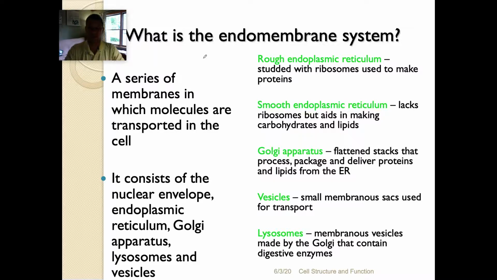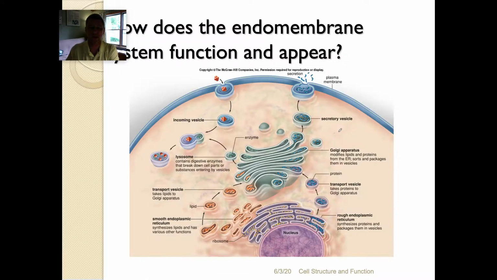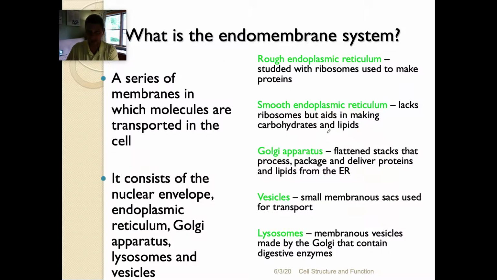Smooth endoplasmic reticulum is similar, but it doesn't have the ribosomes, and so therefore it's not being used to make proteins. But the smooth endoplasmic reticulum is very important in creating lipids. It says carbohydrates and lipids on this slide, but in reality, lipids are the main function there.